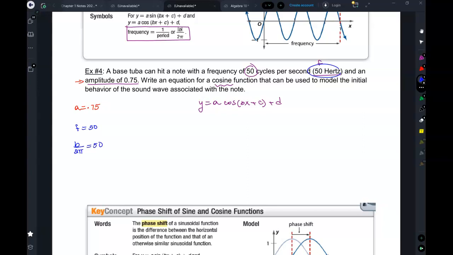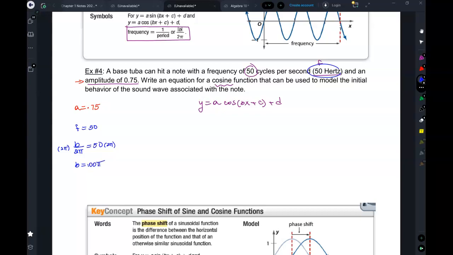Because there is no frequency here, but there is a b, I use the frequency to extract the b. So b is 50 multiplied by 2 pi, 100 pi. And that's all the information I have.